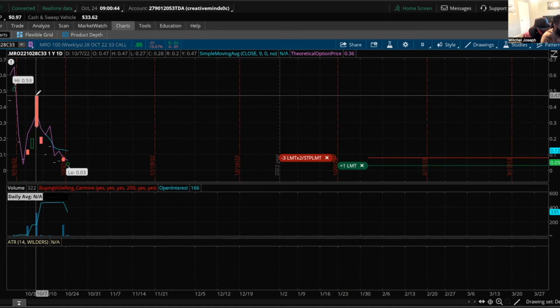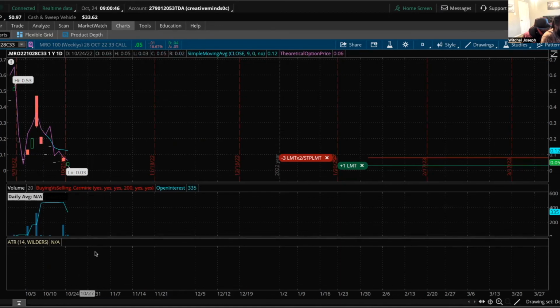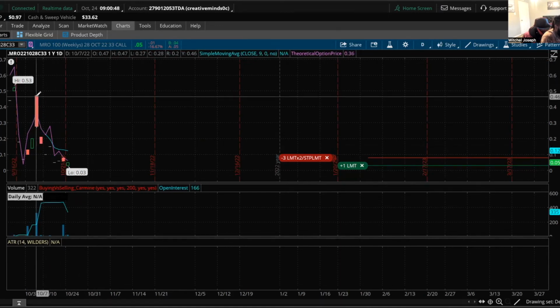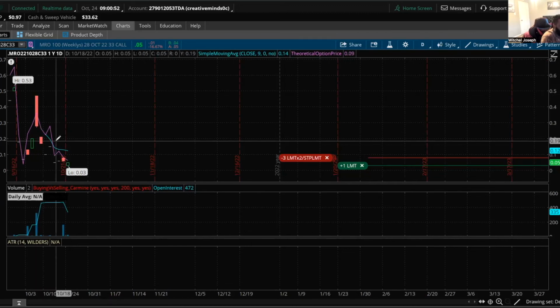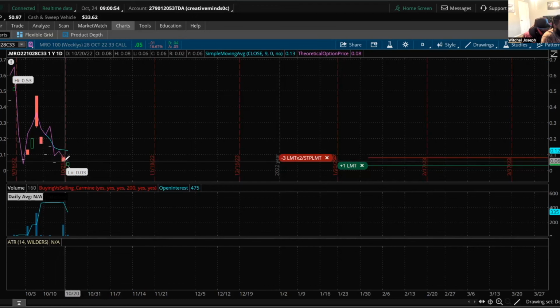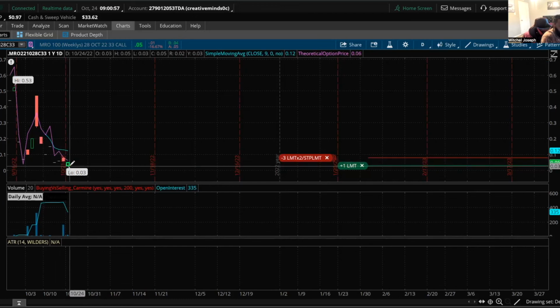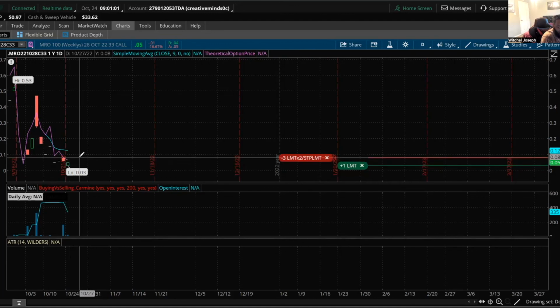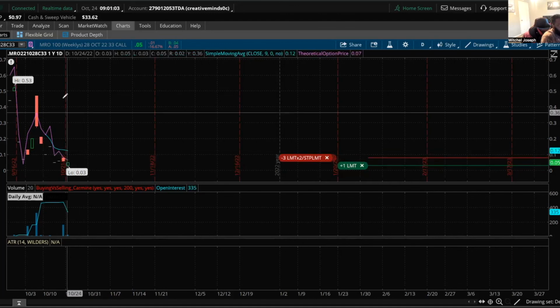And then you see right here, what date is that? On the 7th of October, it was as high as 47. So look at how badly it's been beaten down. And I got them at 3. Mind you, they expire this week, but because there's enough time, I can probably ride it back up to 8, maybe even higher. We're gonna see.